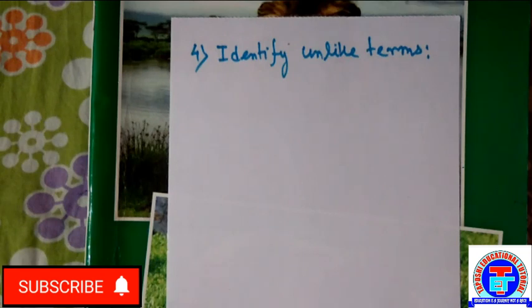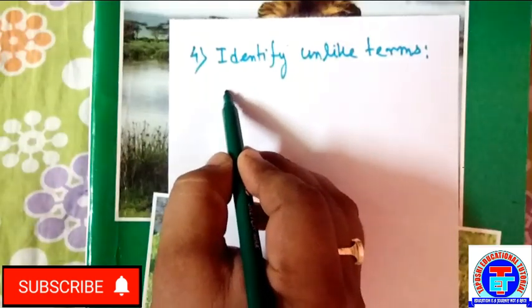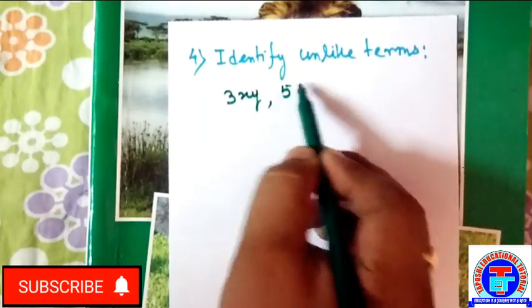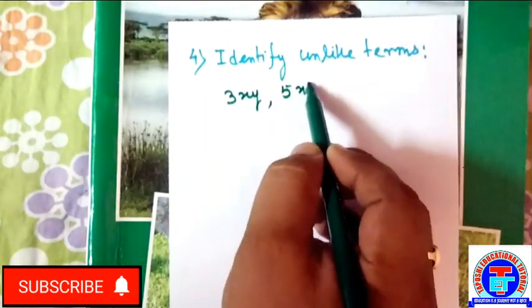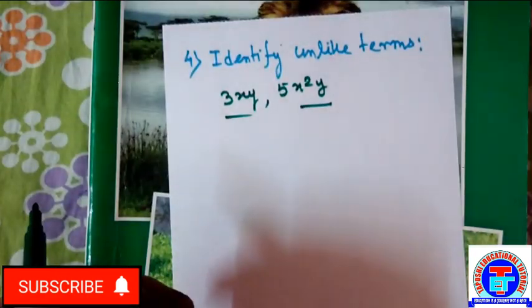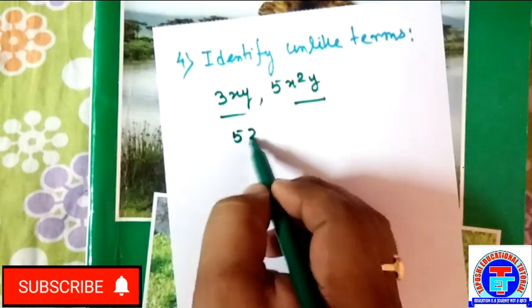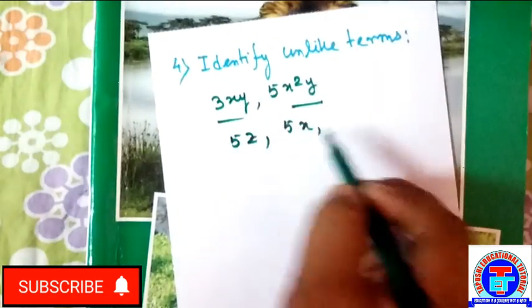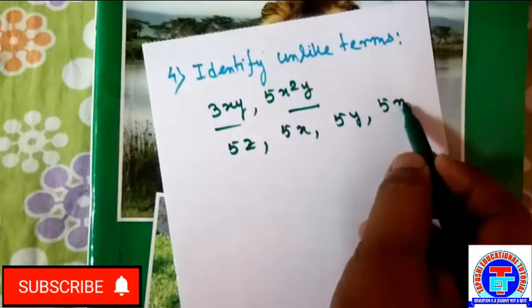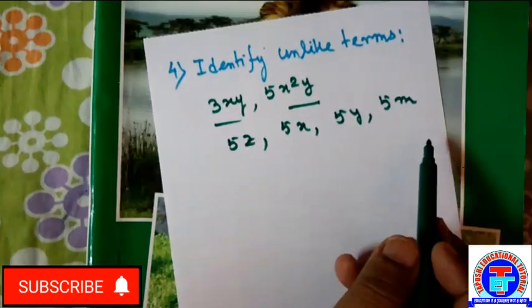Now my dear student, here we find the unlike terms. Suppose 3xy and 5x square y, these are unlike terms, right? 5z, 5x, 5y, 5m, these are unlike terms, right?